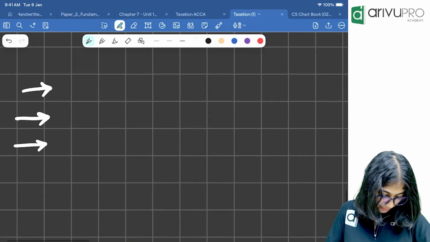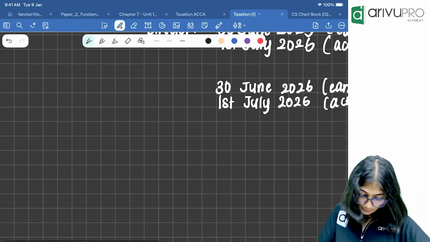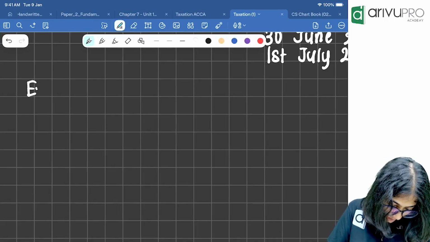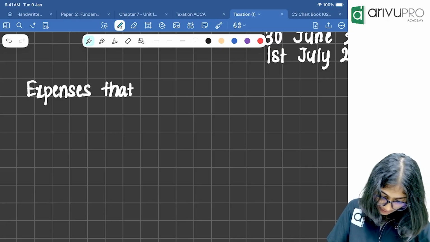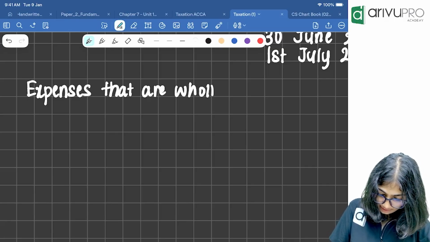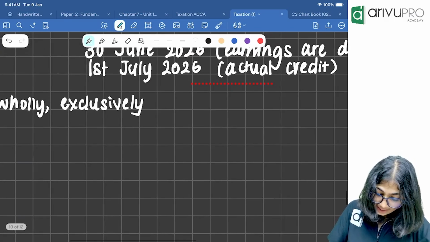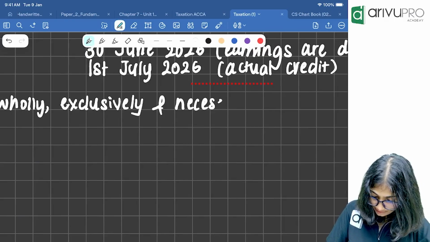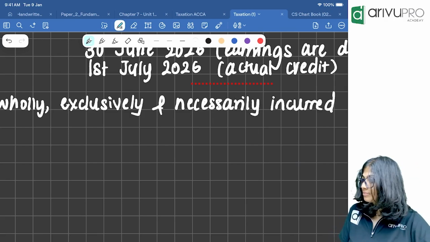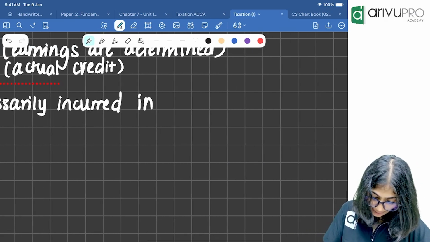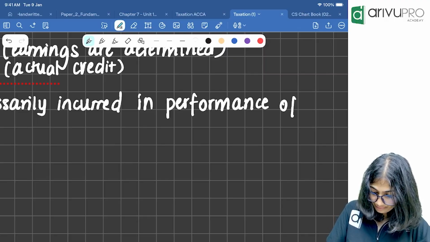Okay. Now, let's just copy that line first and really drill it into our head. What are we going to do here? Expenses that are wholly, exclusively and necessarily incurred in performing your duties, in performance of employment duties.